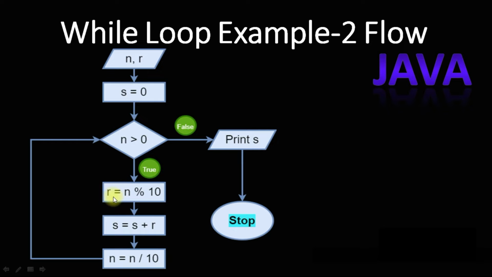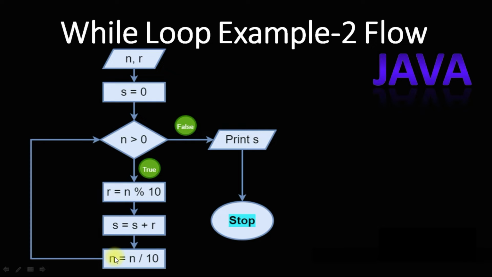First it will make the remainder value by n modulo 10. So it will calculate the remainder value of that number and then store it in r. Then at the same time we will update the s value. Previously it was set as 0, then 0 plus this remainder value r. And in the final statement we will divide n by 10 and store the result in n.